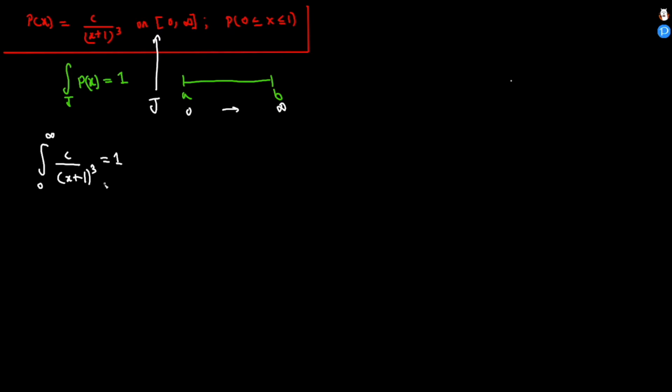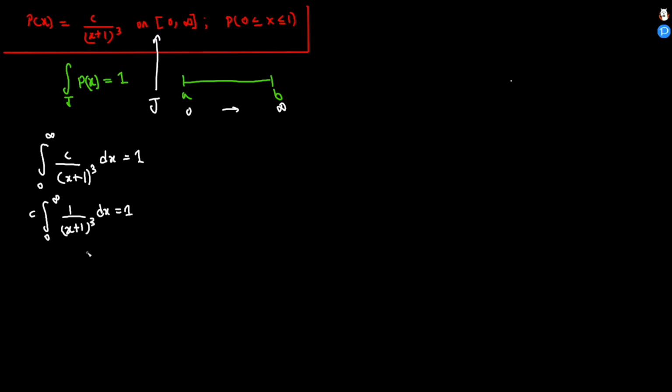Okay, so once we have that, now we can play around with this. The integral of c over (x plus 1) cubed dx equals 1. First, c is a constant, so we can just take it outside the integral, which leaves the integral from 0 to infinity of 1 over (x plus 1) cubed dx equals 1.